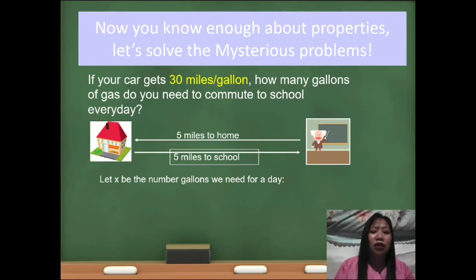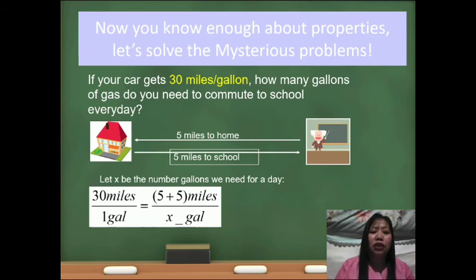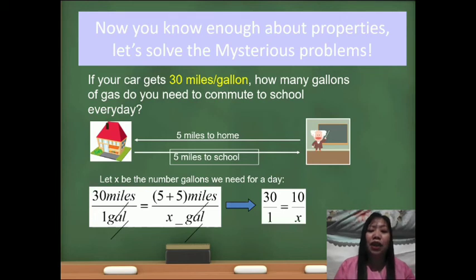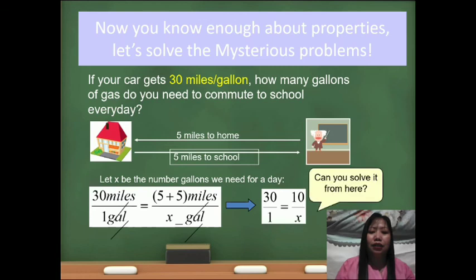Let x be the number of gallons we need for a day. So 30 miles over 1 gallon is equal to 5 plus 5 miles is equal to x gallon. So 30 over 1 is equal to 5 plus 5 is equal to 10 over x.